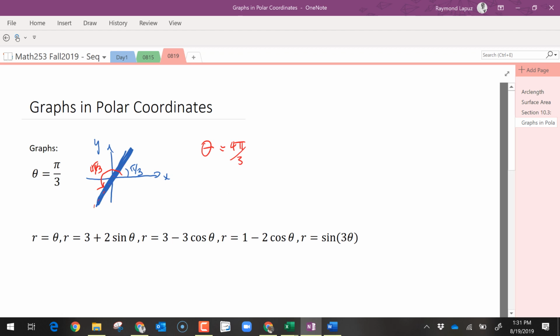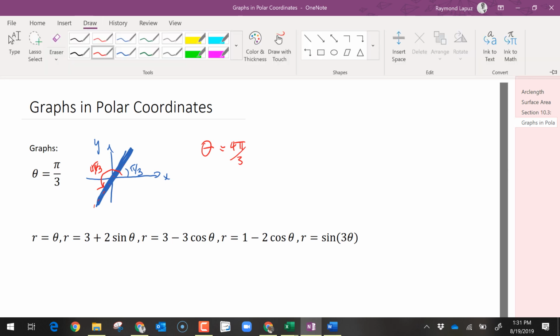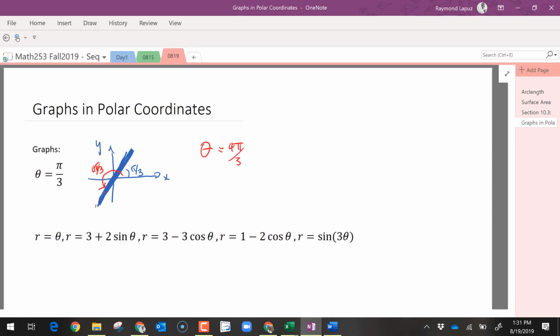And if you're doing pi over 3, you would be pointing that way. So it turns out that depending on which way your ray is pointing, that's the positive, and behind you it's negative. So pi over 3 will be pointing towards the first quadrant, but since it's independent of r, it's going to cover everything behind it in the third quadrant.